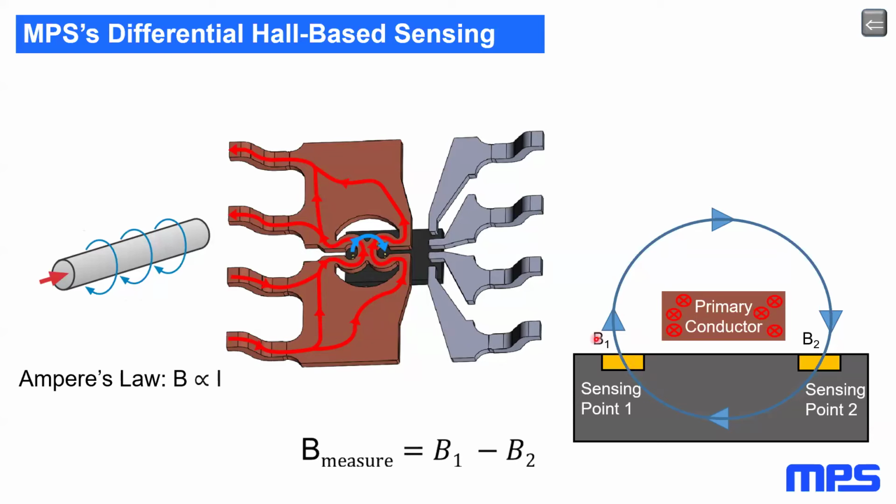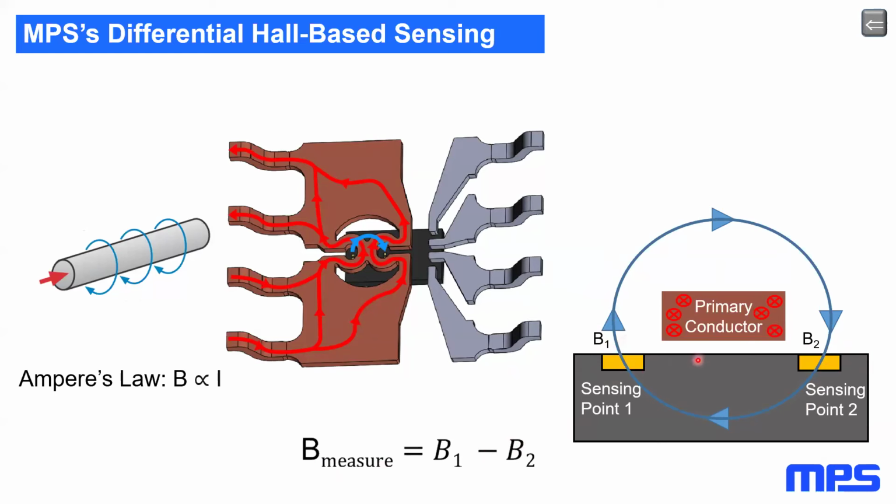And we'll use the convention that that's a positive flux. So positive flux is up, negative flux is down. So B1 sees a positive magnetic flux. B2 sees, by our convention, a negative magnetic flux. And all we do is we say, okay, well, hey, the measurement here is just B1 minus B2. Well, we have positive minus a negative. Positive minus a negative is just 2 times the positive. And so that's our output.